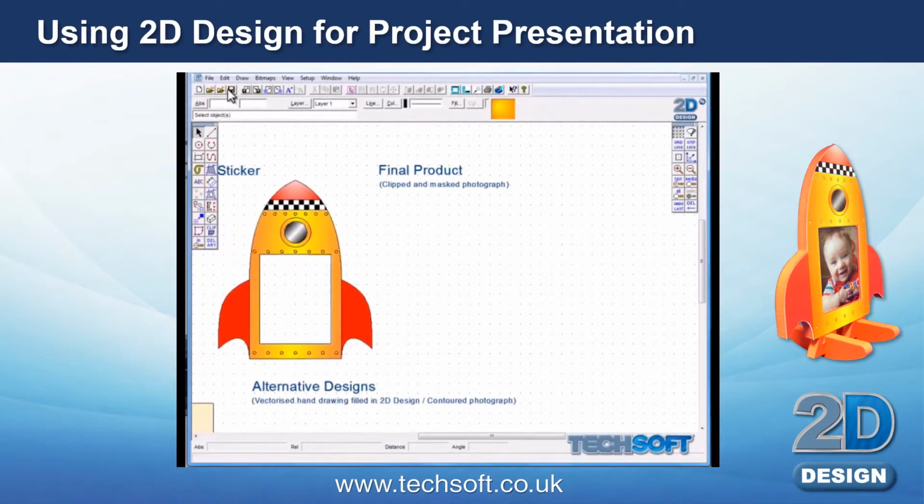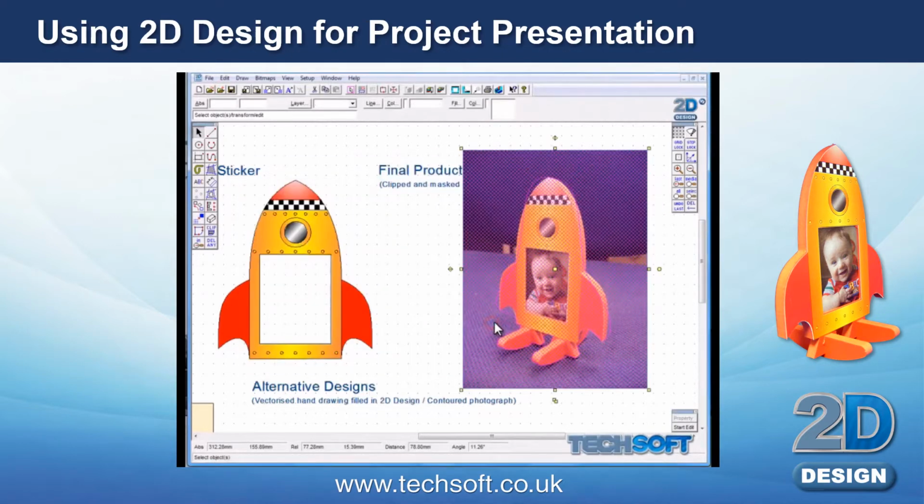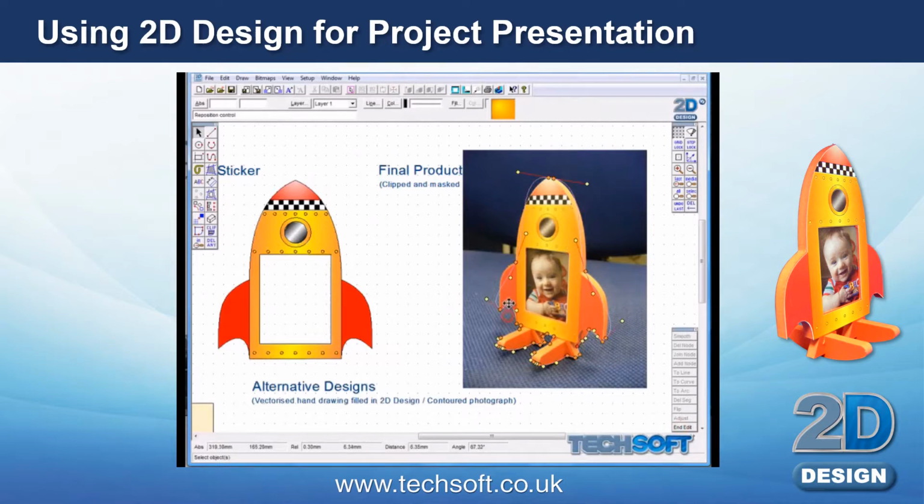We'll add the file called Rocket Photo. This file contains a photograph with a clip path which has already been started. As you can see, these points have been located around the photograph and either the line or curve tool has been used. Once you have clicked on the Start Edit button on the bottom right of the screen, you'll be able to use these yellow handles to move the clip path around to suit the picture.